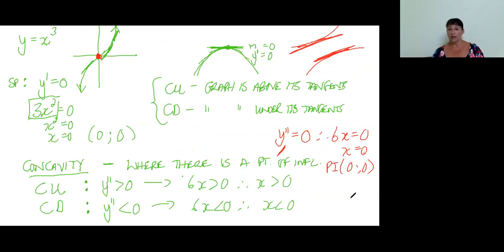All right, so what I'm going to do next is a different example, which tries to demonstrate a lot of concepts, okay? So, I'm going to look at the function x cubed minus x.